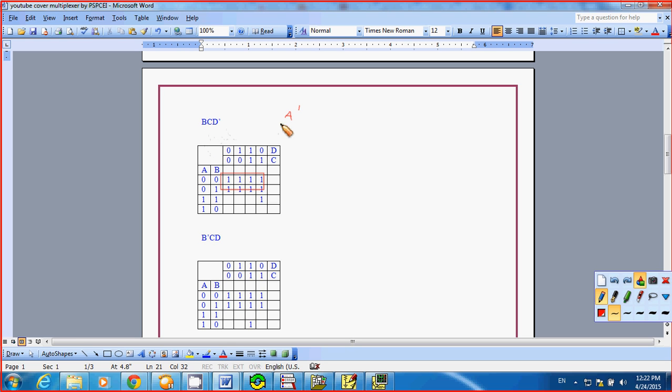The reason I do that is because here there is nothing to do with the D input, so I bring this down here. The same thing if you look at B complement and C D: this one has D, but you still need to bring A complement down here. That's why I still have 1 1 1 1 for the third term, right? This is the second term.